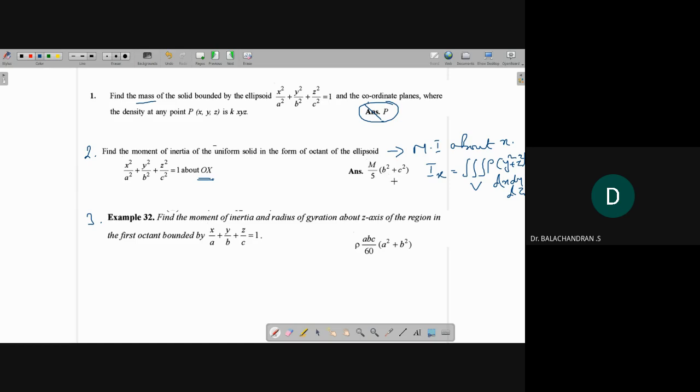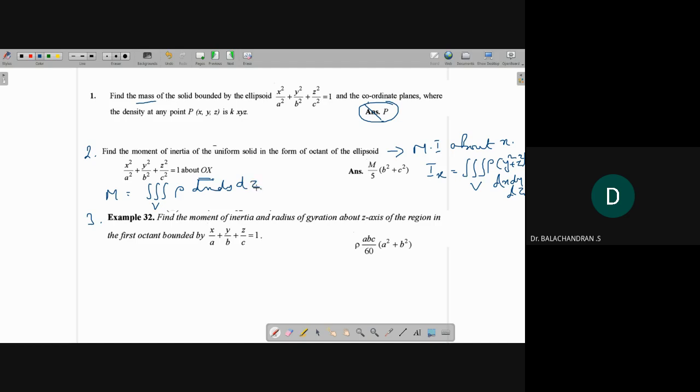So for mass, what is the formula? I think you know that M equals the triple integral over V of rho into dx, dy, dz.